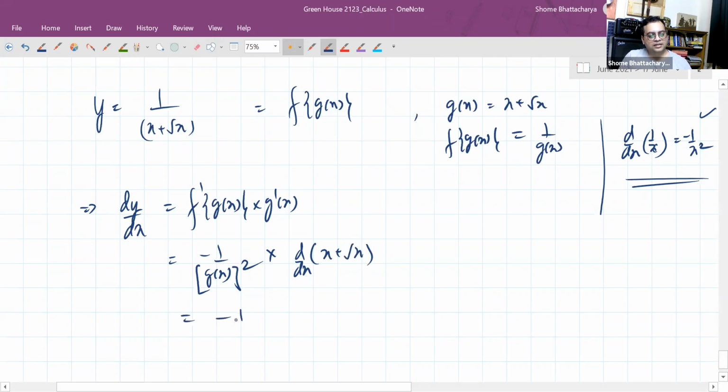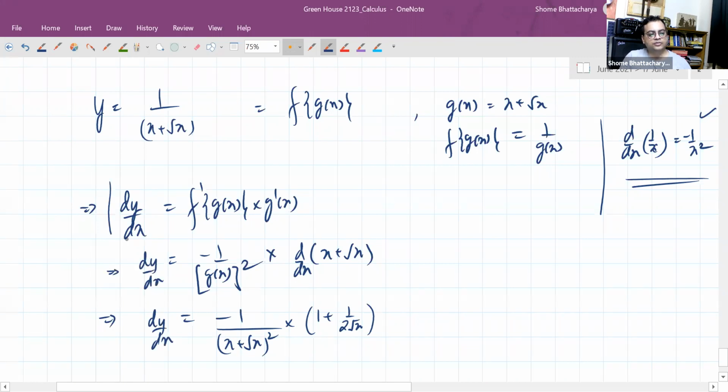So this is minus 1 upon, now g is x plus root x whole square, into 1 plus 1 by 2 root x. And then you simplify this. So this is without doing the substitution, by directly using the formula of chain rule. So this is also chain rule formula directly used.